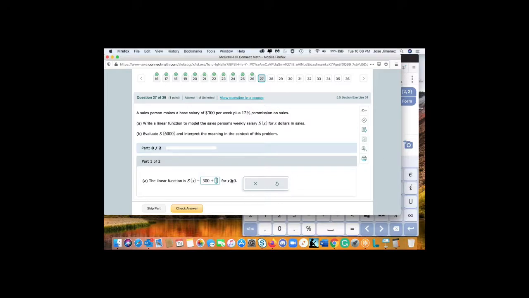That's something you have to keep in mind. So we have 0.12x. That's all you have to do for that problem. That's number one.